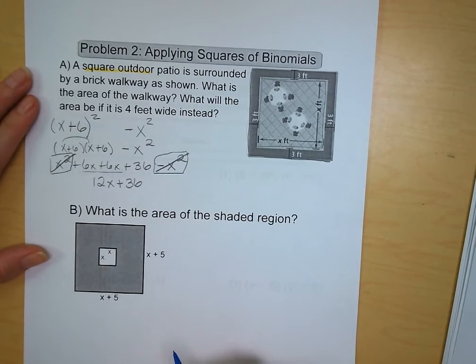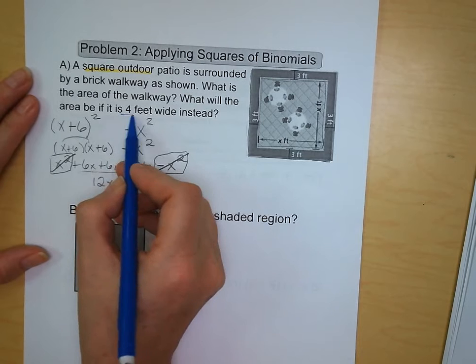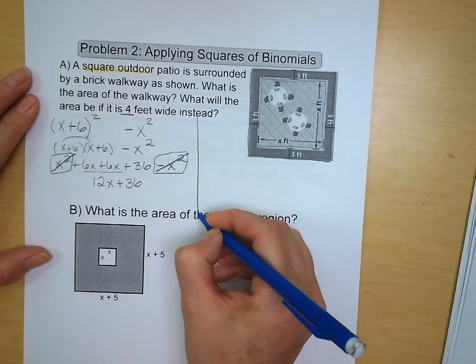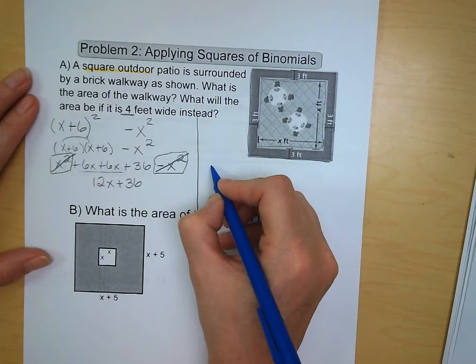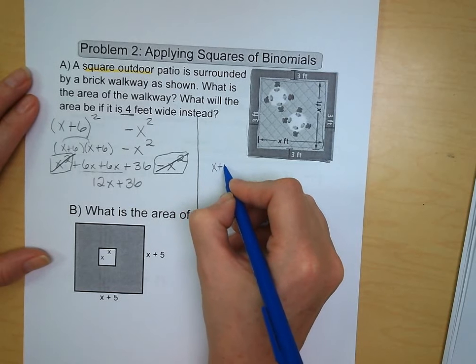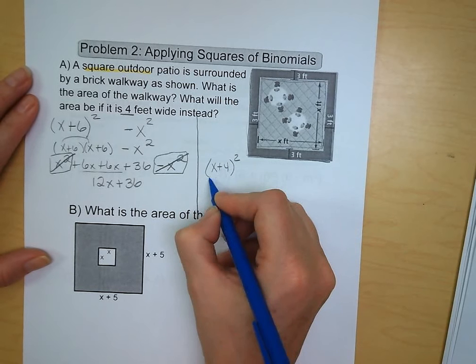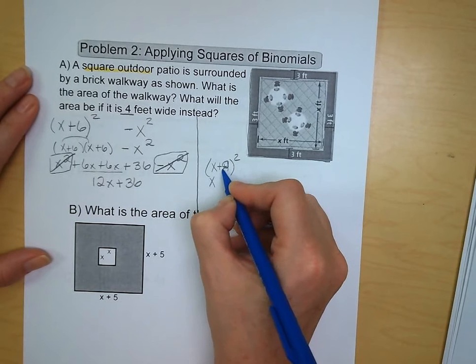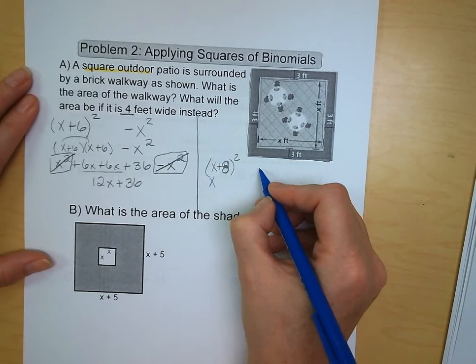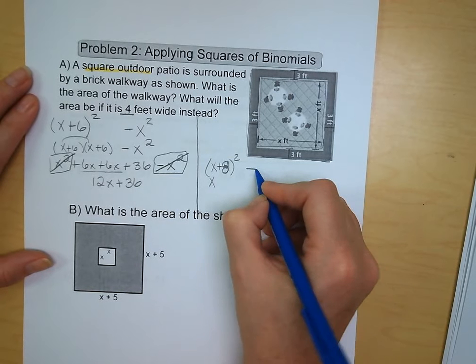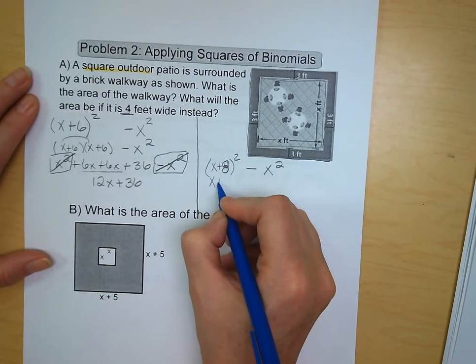All right. Now we still have our second part of our question, which is what if it is 4 feet wide instead of 3 feet wide? So our first part is going to be x plus 8 squared, because we have the sidewalk on both sides of the patio. And we're still subtracting that x squared of the patio.